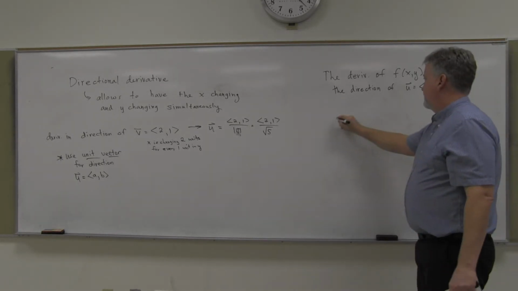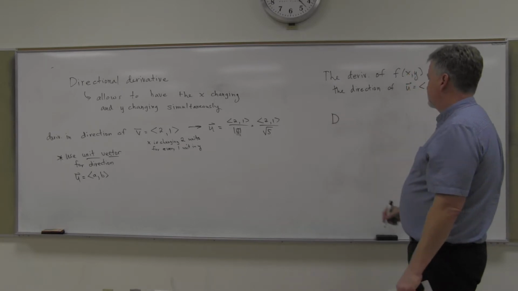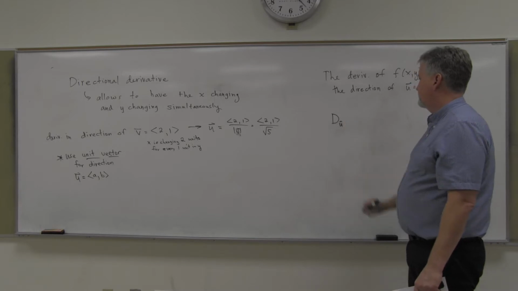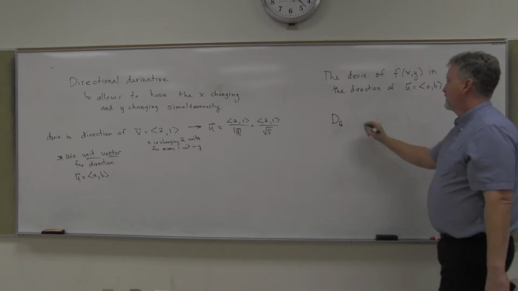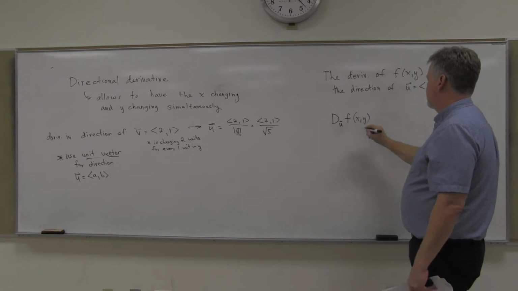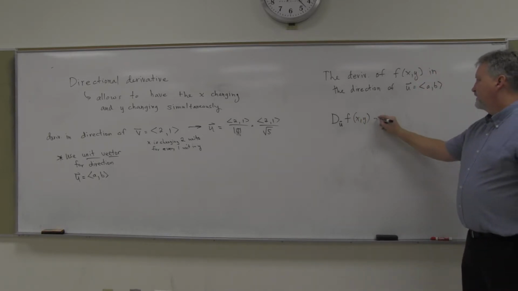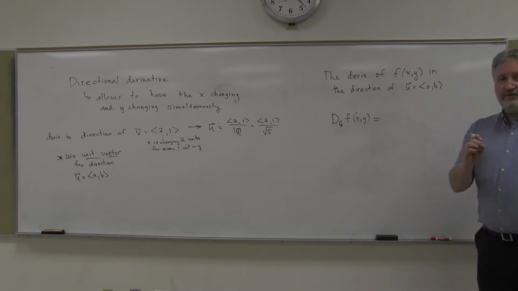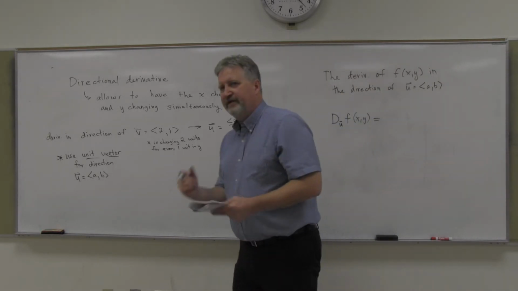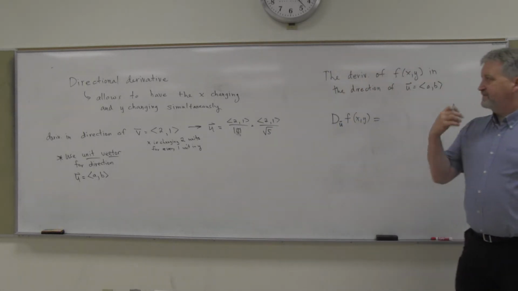It's this. We're going to use the big D for derivative, and then the direction is u, so we put the little subscript u, of f, and then of course two variables, x, y. That's equal to, and the easiest way to remember it is probably that it's the dot product.